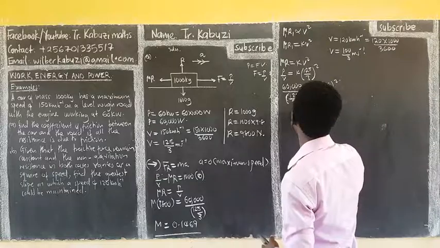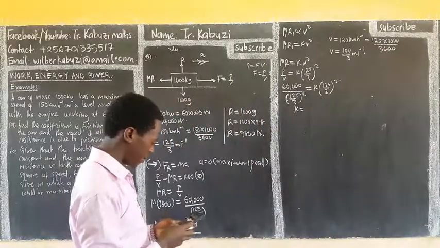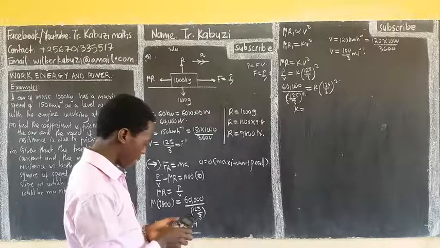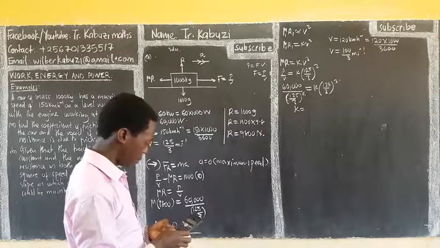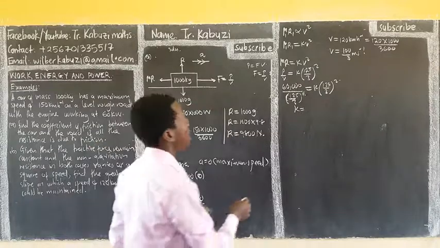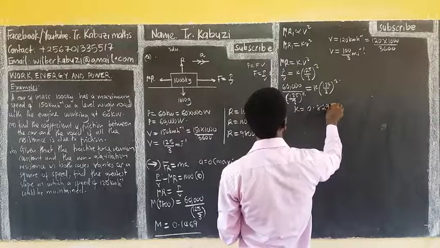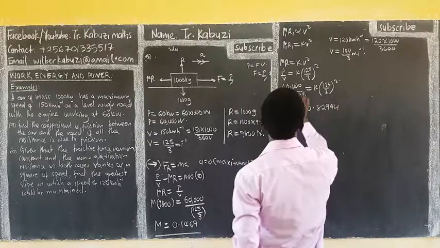From there, our k is going to be 0.82944.